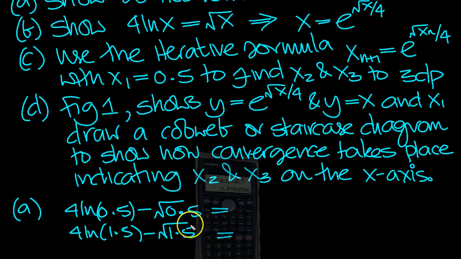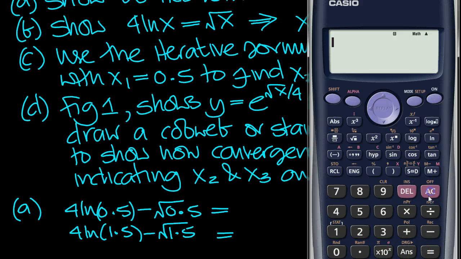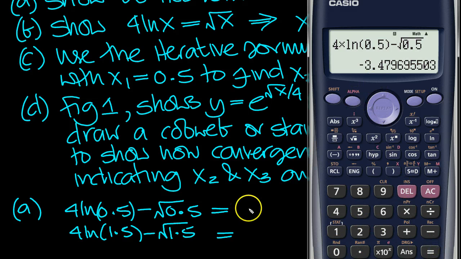Okay, so calculator then. 4 times ln of 0.5, minus, we need a bracket, minus the square root of 0.5 equals minus 3.47.